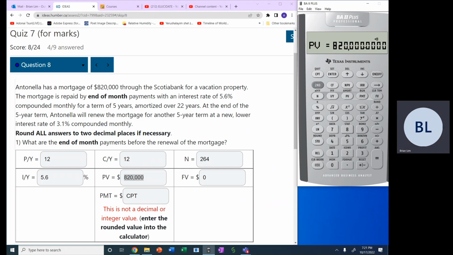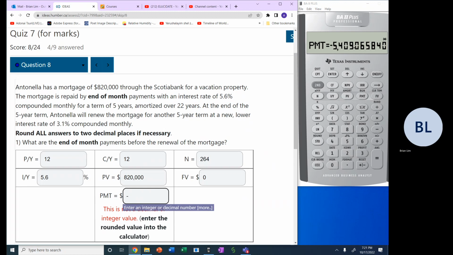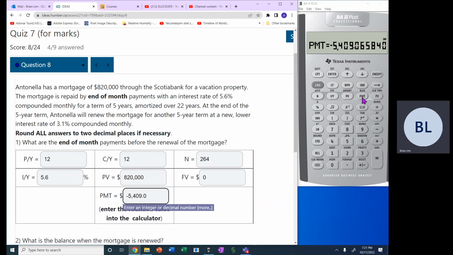We're computing the payment, and 0 is the future value. So we compute the payment, and we get the number looking like, we could put the negative if we wish, $5,409.07, rounded to 2 decimal places.